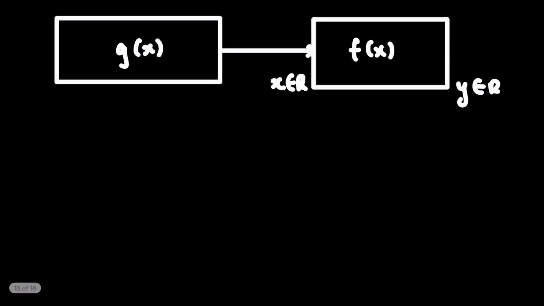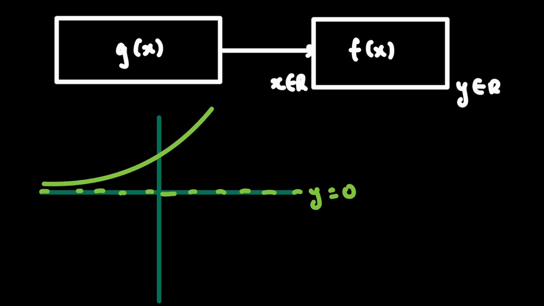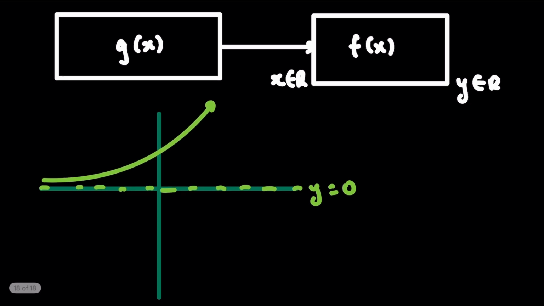Now if we have a look at the graph for g of x, in case you're unaware of what the domain and range of that graph would be, the graph of exponentials, they have an asymptote at y equals 0, and they will climb exponentially like such. And because this is the graph of y equals 2 to the power of x, we can see the domain and range.